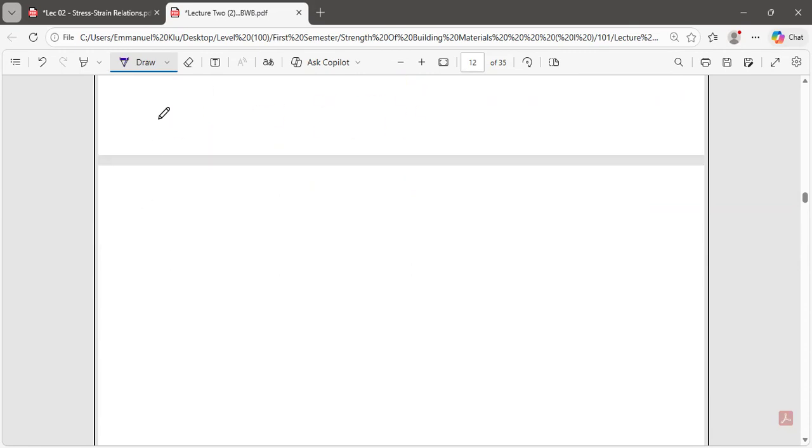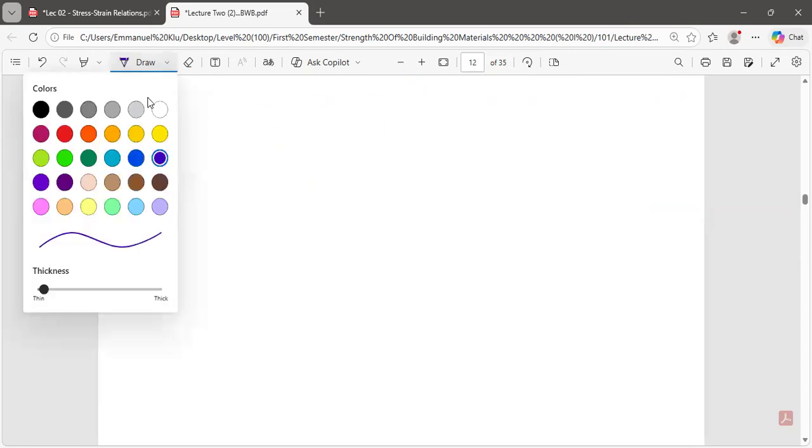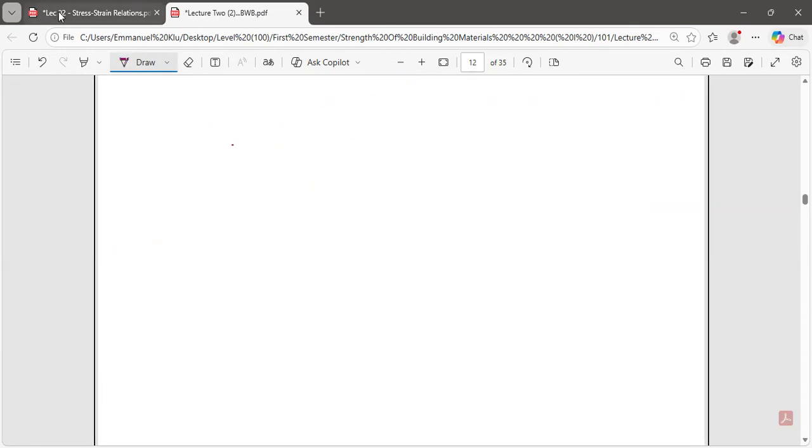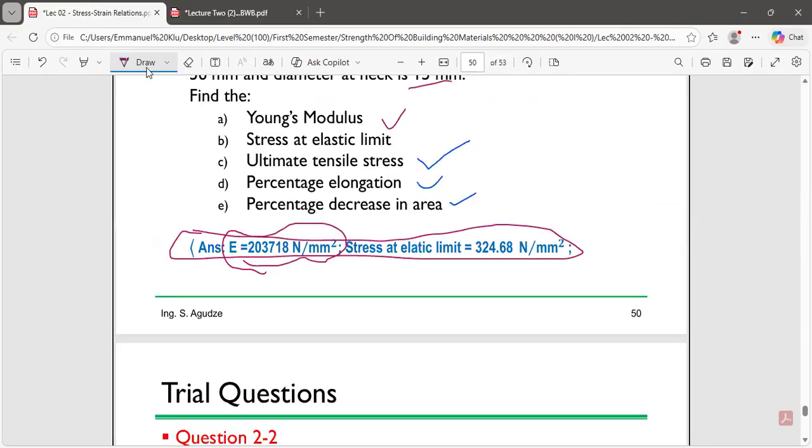So the percentage reduction, you can calculate that one too quickly, and then we wrap up for the day. That is the percentage decrease in area.